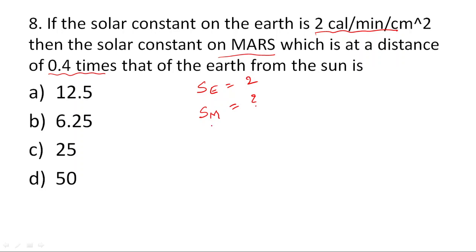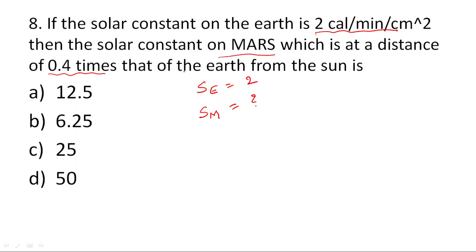Solar constant of Mars we have to calculate. It is given that the distance between Sun and Mars is 0.4 times the distance between Earth and Sun.